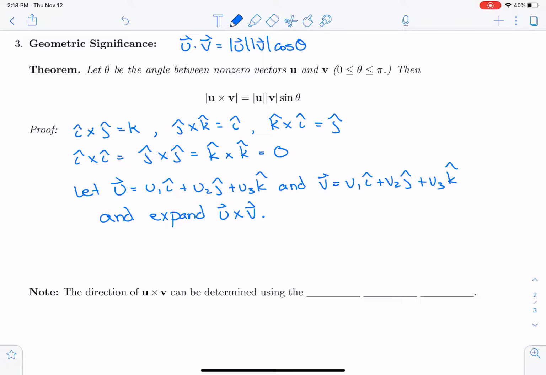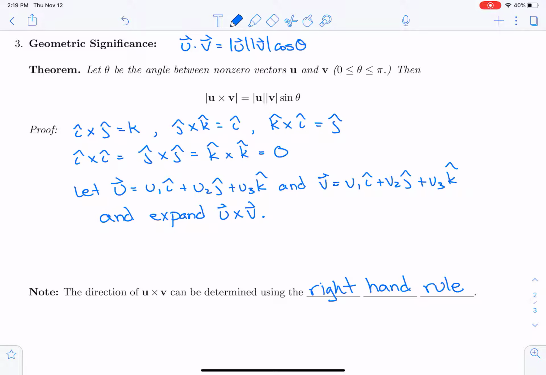And that gives you the magnitude of u cross v. What you'd want to know next is the direction of u cross v, if you already knew the magnitude. And the direction of u cross v can always be determined by what is called the right-hand rule. The right-hand rule allows you to take your right hand, point it in the direction of the u vector, curl your fingers in the direction of the v vector, and then your thumb will point in the direction of the result u cross v.